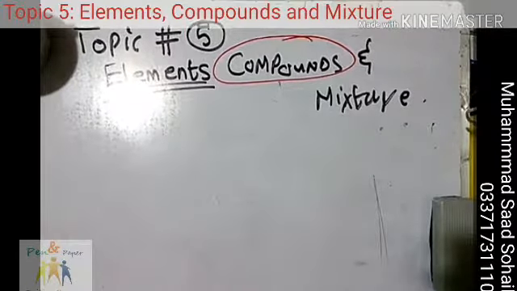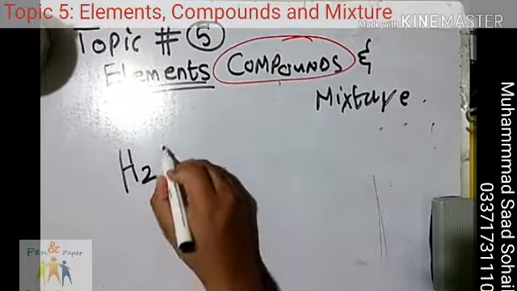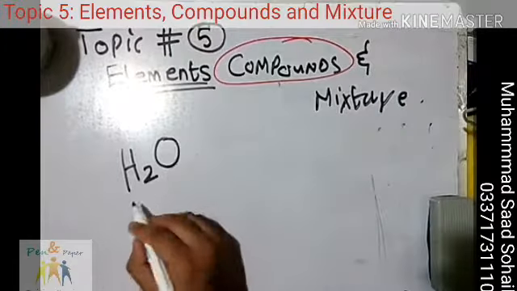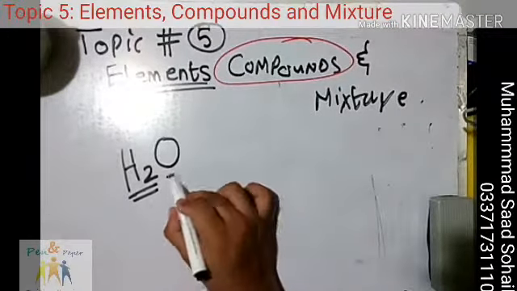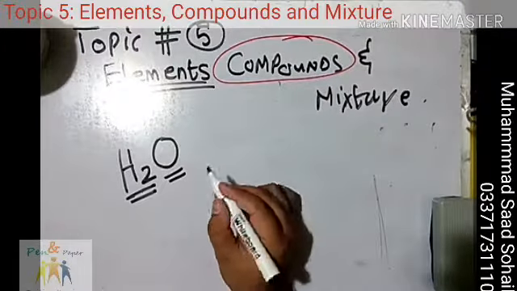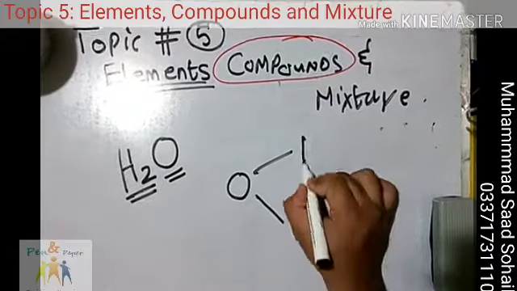Let's look at some examples. A compound is water. It has two atoms of hydrogen and one atom of oxygen. It looks something like this.